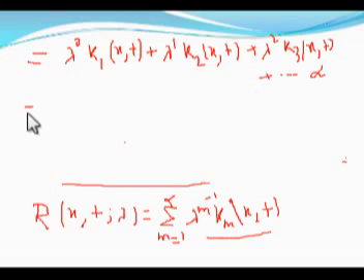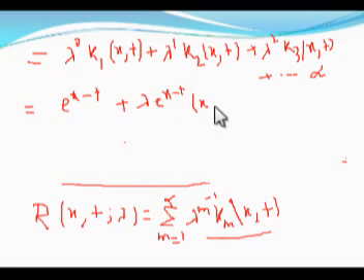Here we will get k1 x t equal to e to the power x minus t, and there is lambda, and we have obtained k2 x t, e to the power x minus t into x minus t. Then we have obtained the third kernel, and here lambda square.